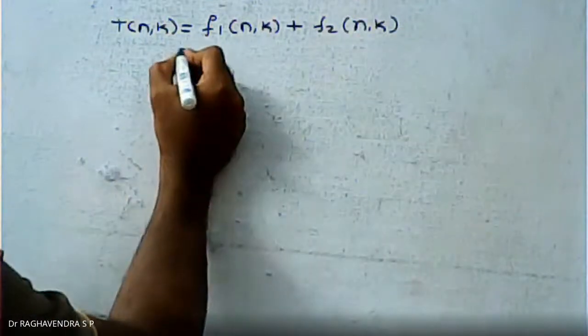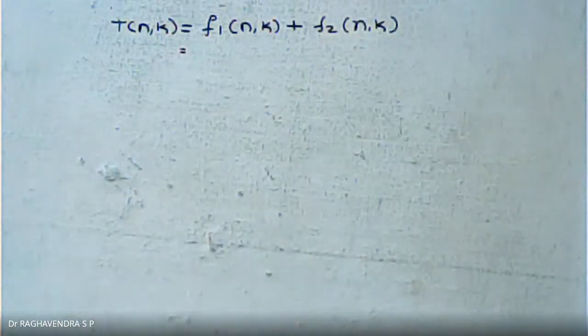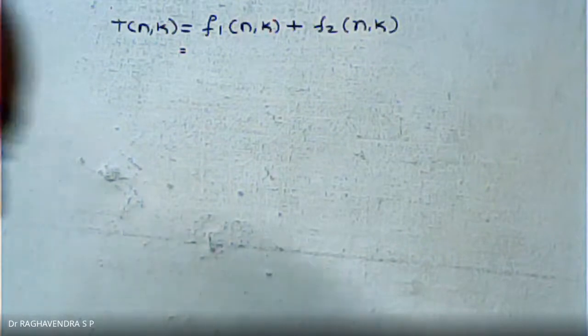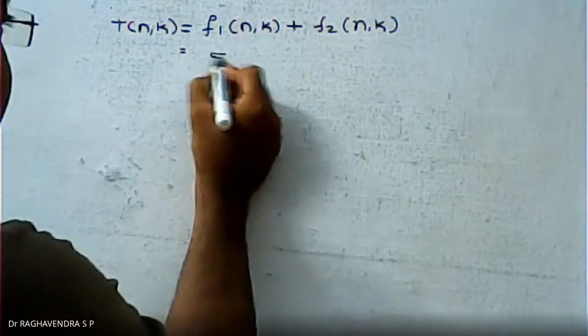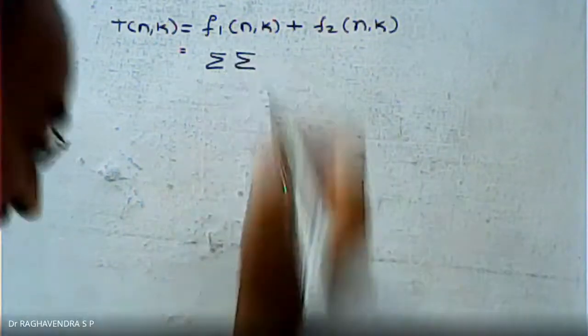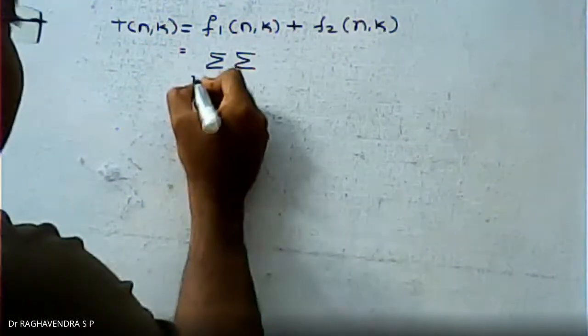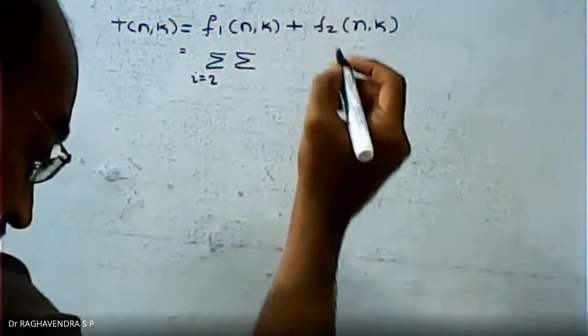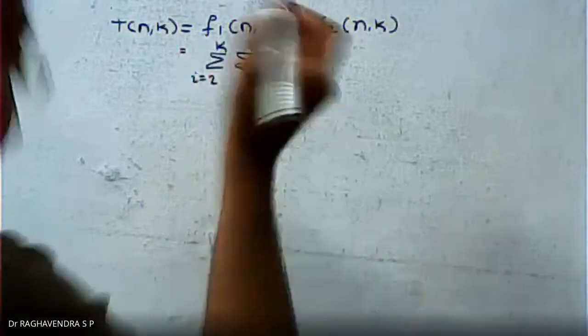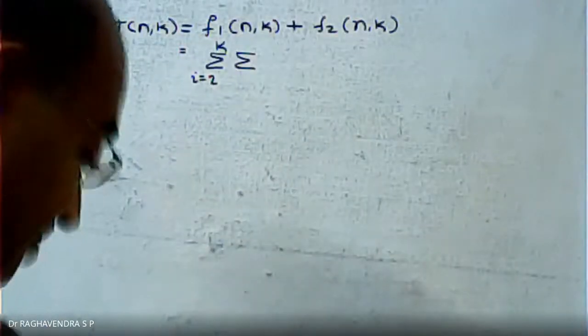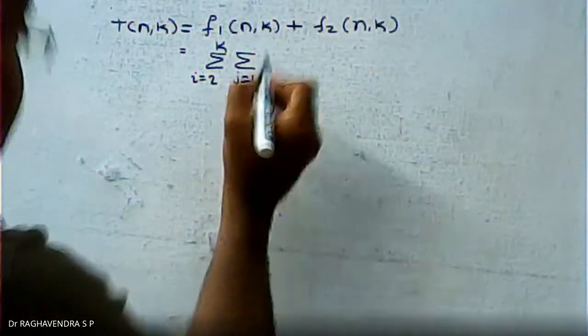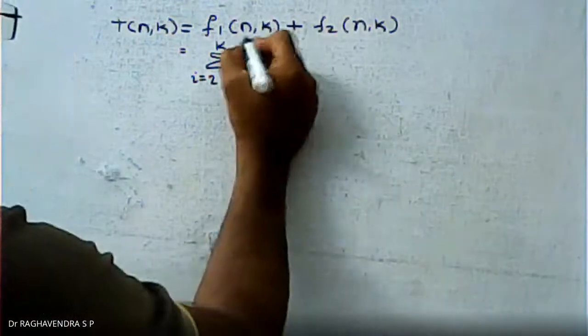By looking at the table, by analysis, we find that f1 of n comma k is the summation from i equals 2 to k, and summation from j equals 1 to i minus 1.